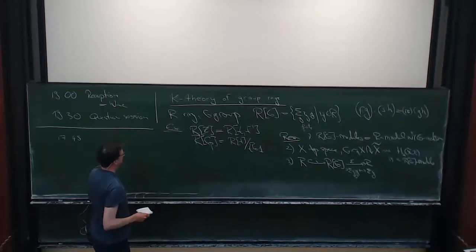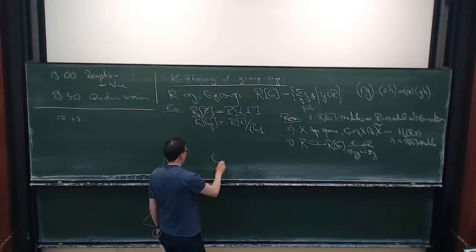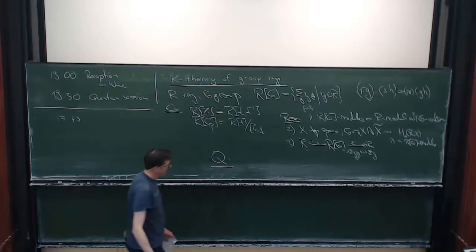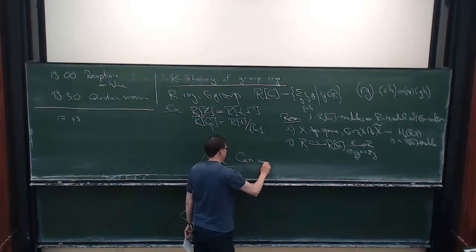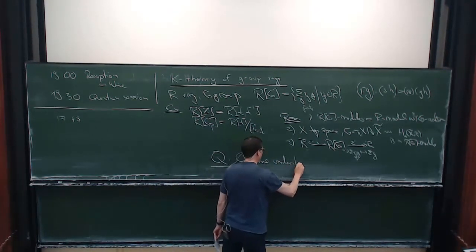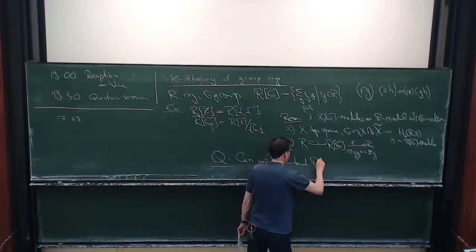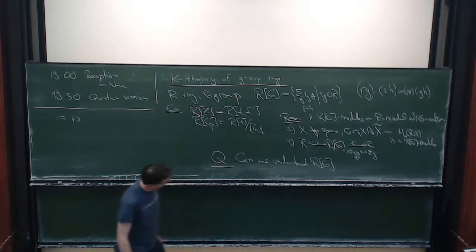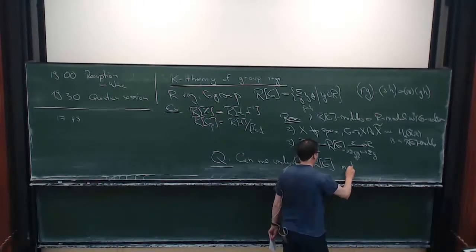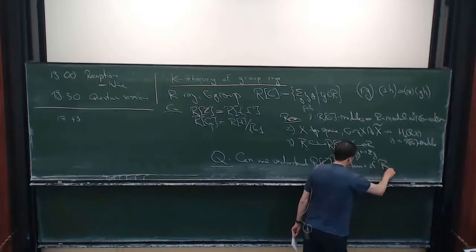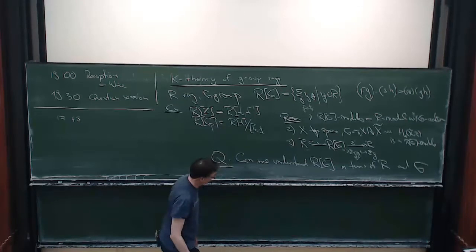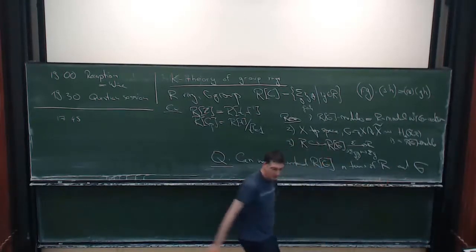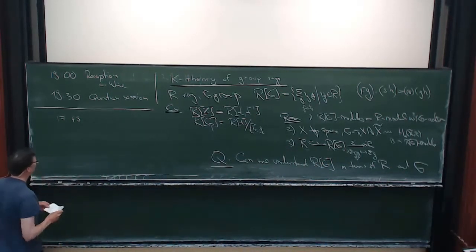Okay, and that's the general goal or slogan: can we understand the group ring, and in particular its K-theory, in terms of the ring, and maybe the group? Can we split questions about the group ring into questions about the ring and questions about the group?